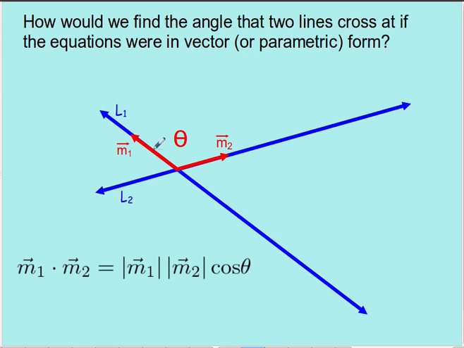So I would have one direction vector for line 1, one direction vector for line 2, and I could find the angle theta between, and if I needed to, I could find 180 minus theta for the other angle at which they meet. The way I would do that is, if I have these vectors, I can take the dot product using components, using the definition of dot product, and I can also find the magnitude of m1 and the magnitude of m2, and then I can use this to find the angle theta.